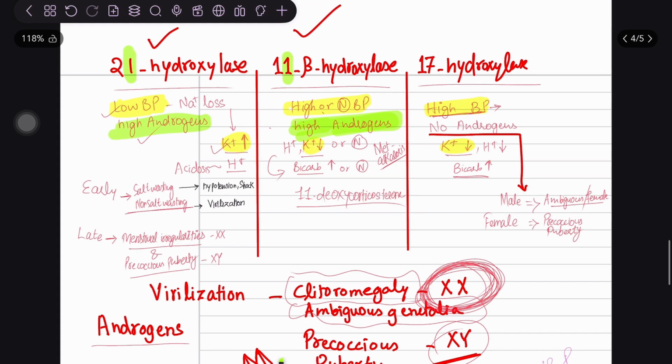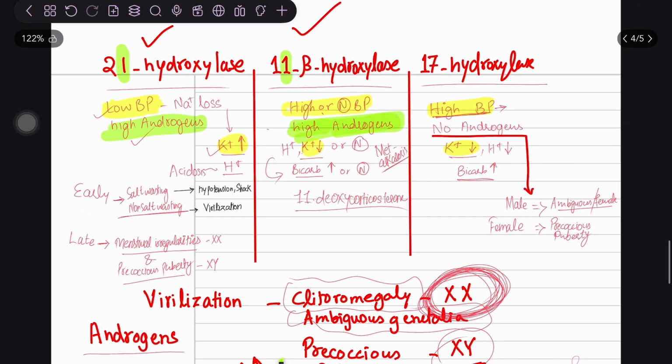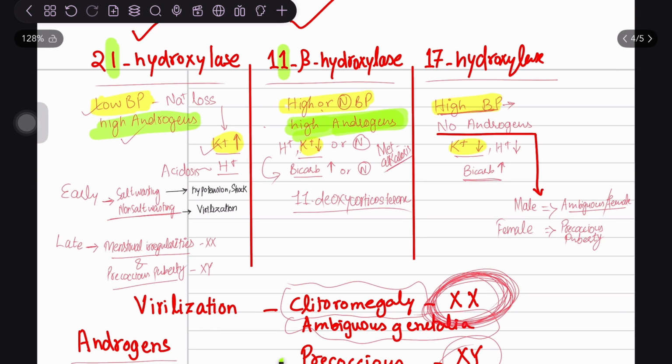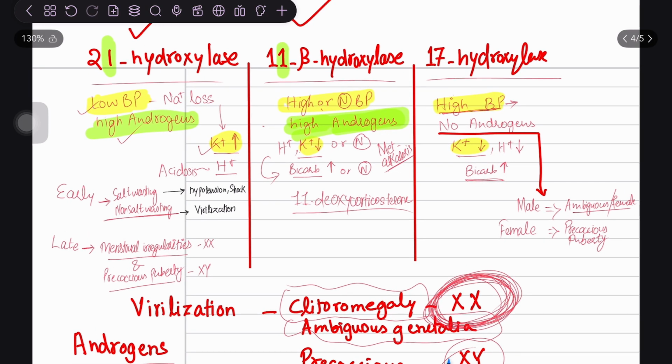Now 17. For 17 you just need to know that it is high BP like 11, but it doesn't have androgens. So it can tell you it is a male with female external genitalia or ambiguous. It's not a female with ambiguous. Are you getting it? Because it can confuse you, since it doesn't have androgens.